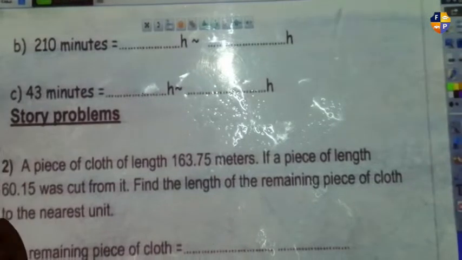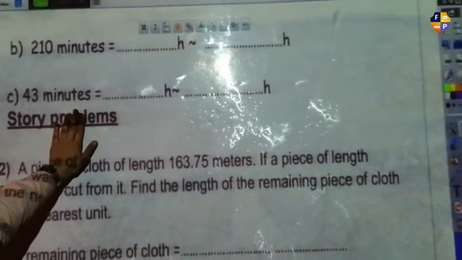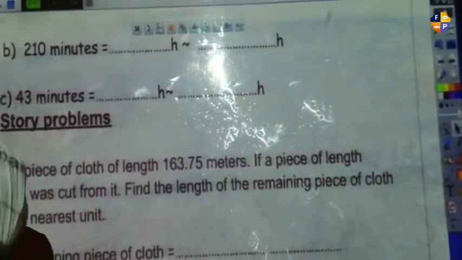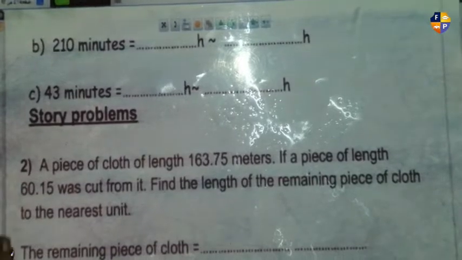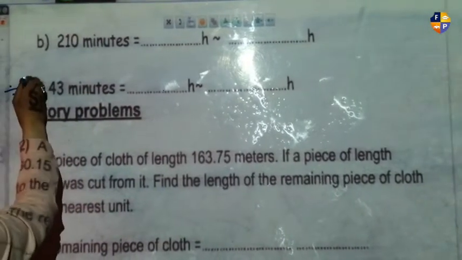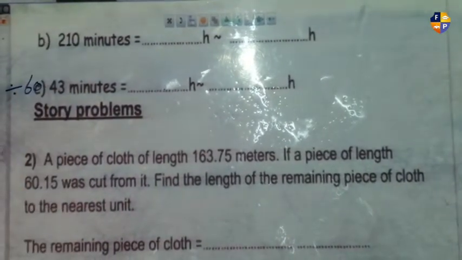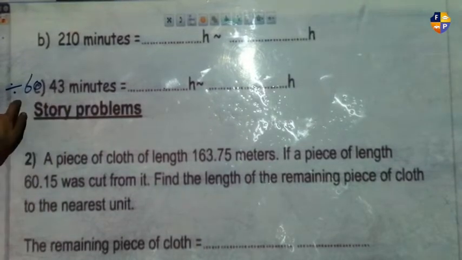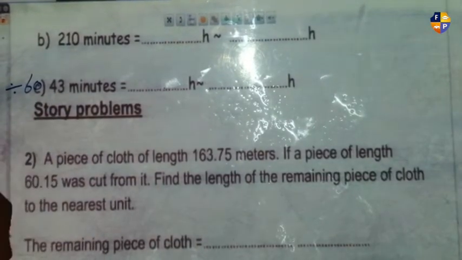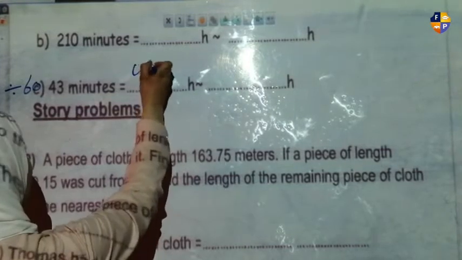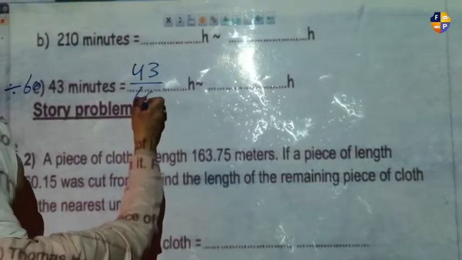Letter C. 43 minutes equals blank hours. Okay, here I have 43 minutes, so I will divide 43 by 60. But I can't because 43 is smaller than 60. So I will write it as a fraction. 43 over 60.